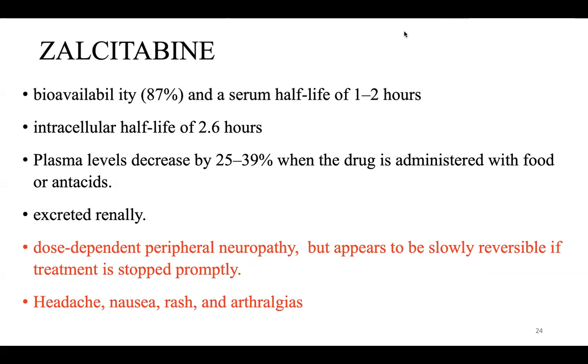Zalcitabine therapy is associated with a dose-dependent peripheral neuropathy, but appears to be slowly reversible if treatment is stopped promptly. Headache, rash, nausea, and arthralgias may occur but tend to be mild or resolve during therapy.